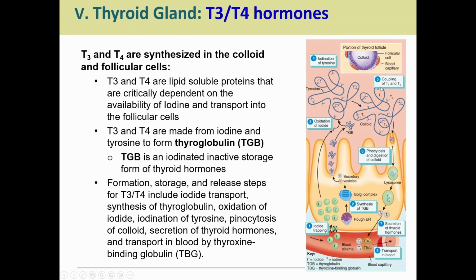Going to couple it with T1 and T2, and then we can bring this back in, break down the colloid, right, that fluid, and then release T3, T4 into the bloodstream, right? So this is kind of what we're doing, if you're trying to follow along here, right, what are we doing to kind of produce and store and release these hormones?